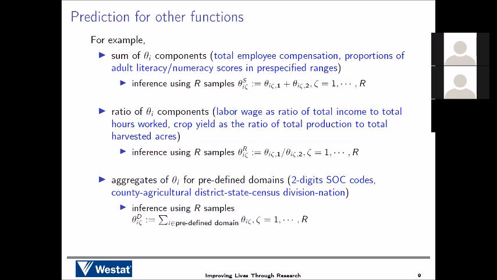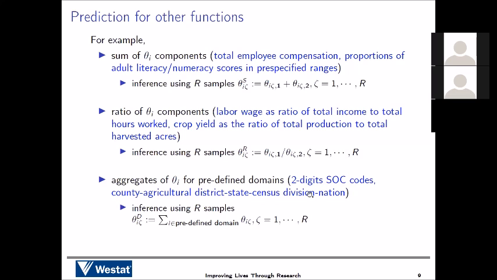For example, instead of modeling wages and benefits, one can model total income and total hours worked, and the ratio of those two quantities would be an estimate for wage. Inference for that ratio can be done straightforwardly. In the agriculture application, one can also jointly model total production and total harvested acres and derive yield estimates, which is the ratio of those two.